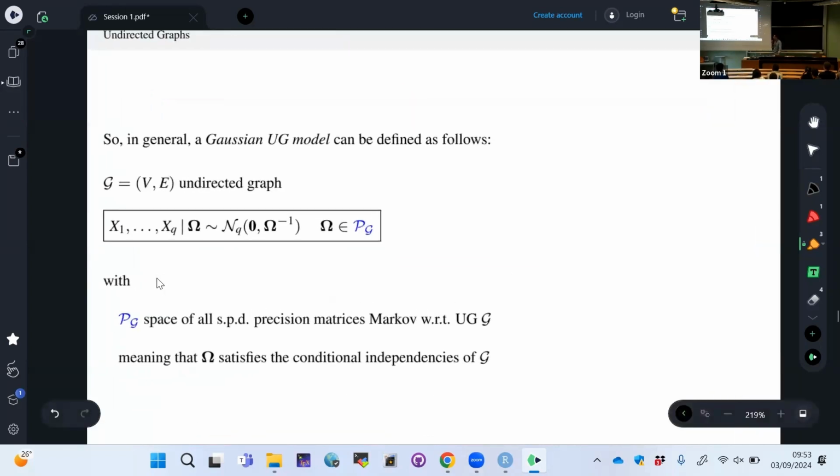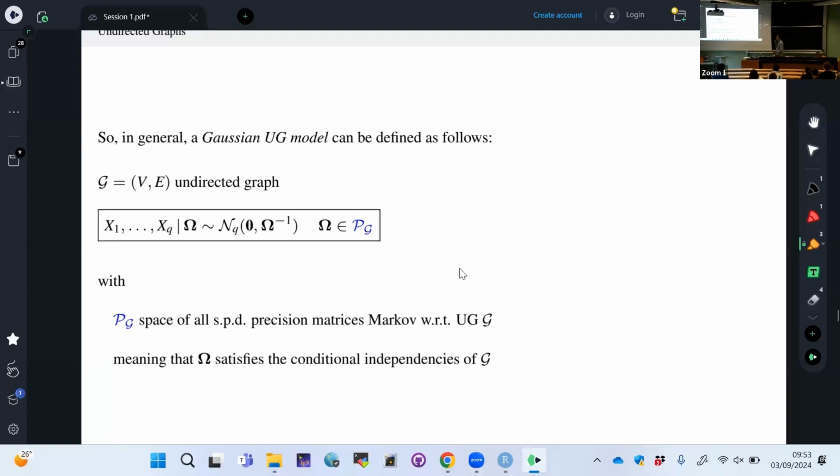So finally, how can we write a Gaussian undirected graphical model? We start from an undirected graph G, and then we assume that the joint of x1, ..., xq is multivariate normal with mean 0 and covariance omega minus 1. But now we ask omega to be not only symmetric and positive definite, but to satisfy the conditional independencies encoded in the graph.